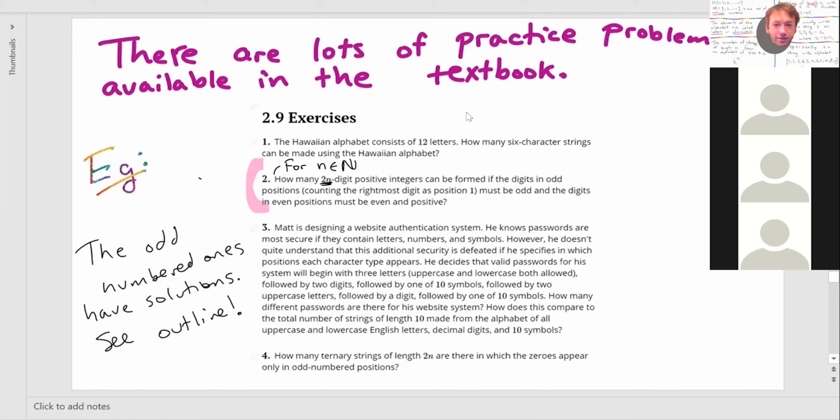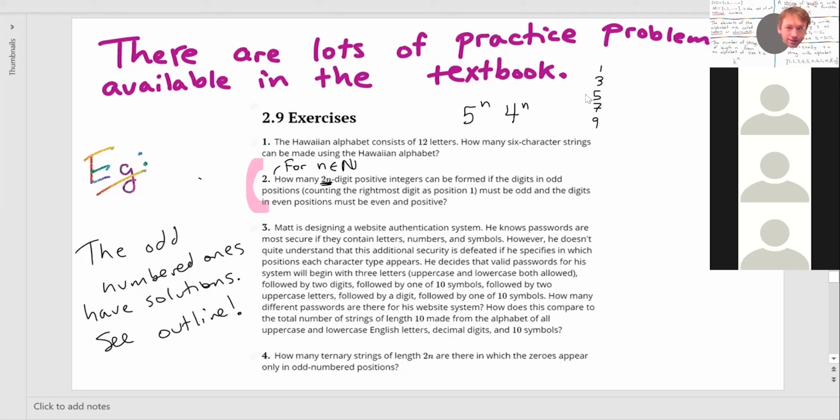So the answer is actually 5 to the n, 4 to the n. I think. I might even be getting this wrong. Where this comes from is the 5 to the n is for the odd positions. The odd positions can be any number 1, 3, 5, 7, 9.